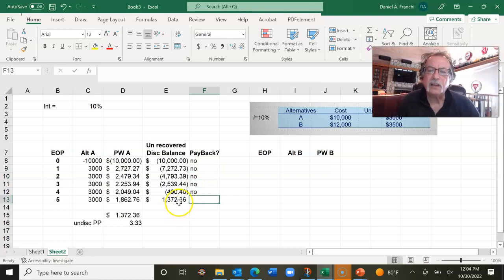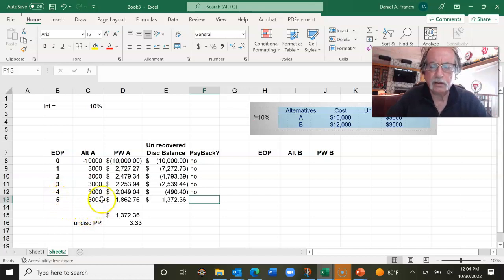So now this has flipped from negative to positive. The payback period, and this is kind of manual, but you can do it. You could solve this with if statements, but I want to demonstrate this. The payback period is going to be between years 4 and 5.